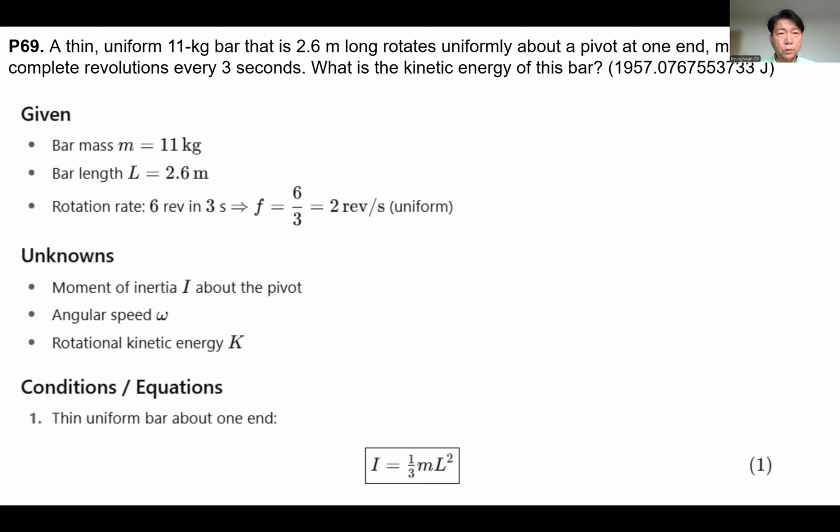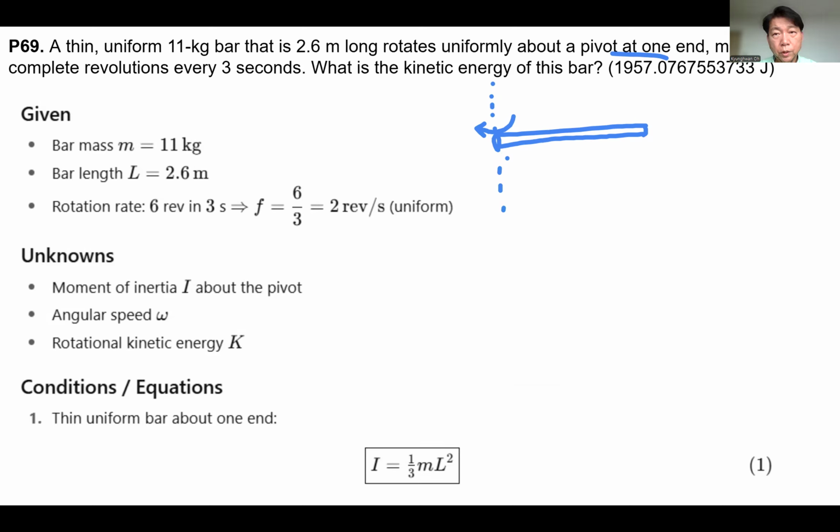So we also did this during the class, but I'm going to review it. In this case, the uniform 11 kilogram bar that is 2.6 long rotates uniformly about a pivot at an end, rotating about one end.